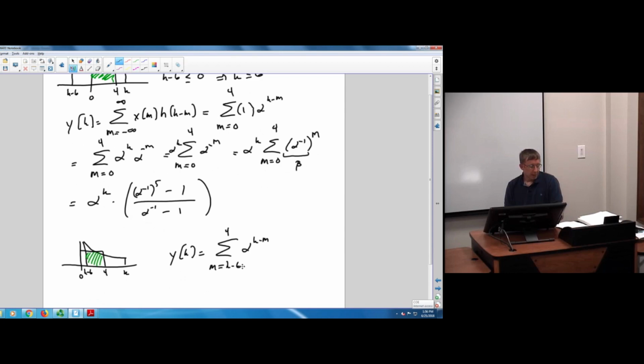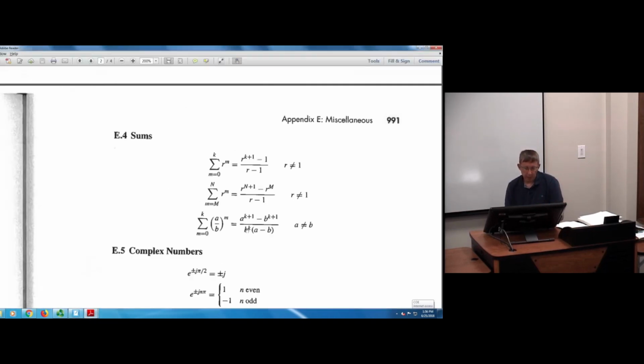This one's a little tricky because I have things in my table, m equals a number to a number, and that number is usually 0 down here. Well, there's another one we have in our table. Look at this one right here. This is for an arbitrary starting number to an arbitrary stopping number. Let me just write that down.